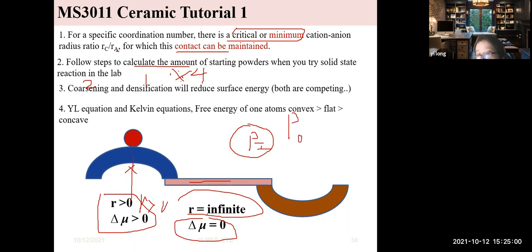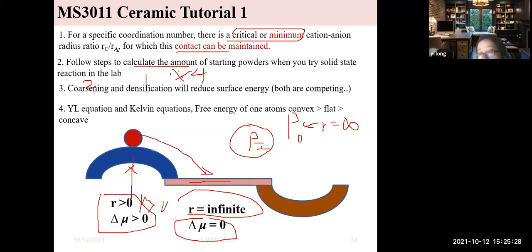So this outside is supposed to be the R equals infinity case, so delta mu in this case equals 0. So the atom moves from small to big, from radius to infinity.